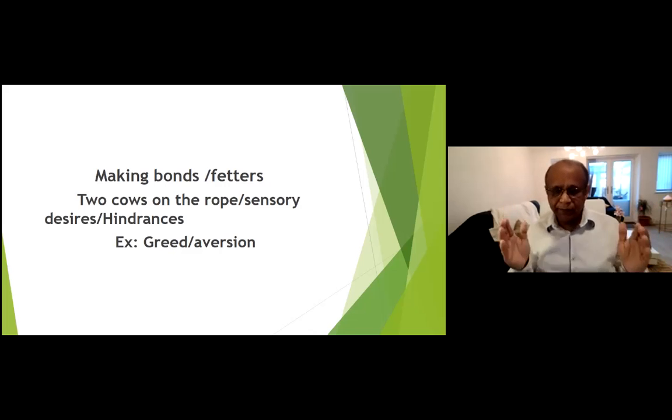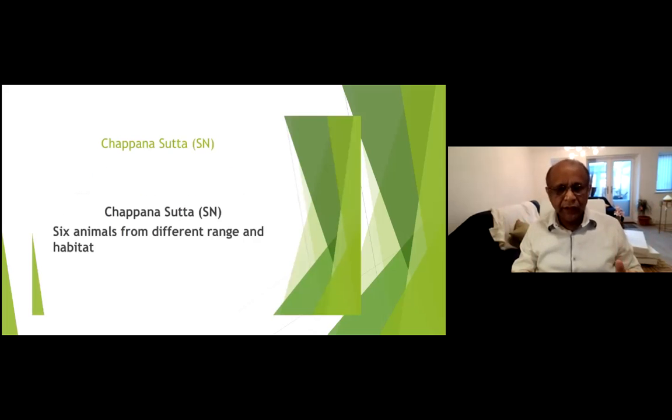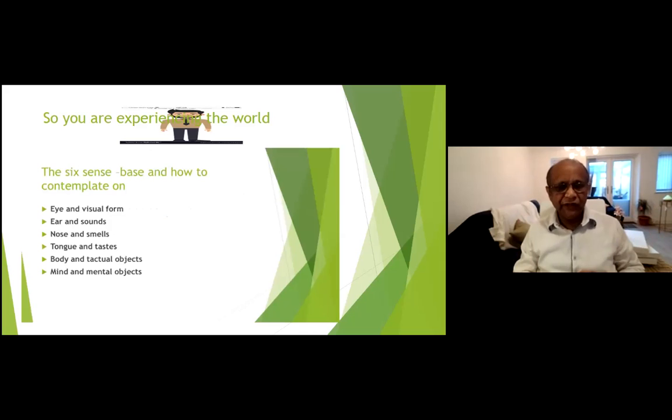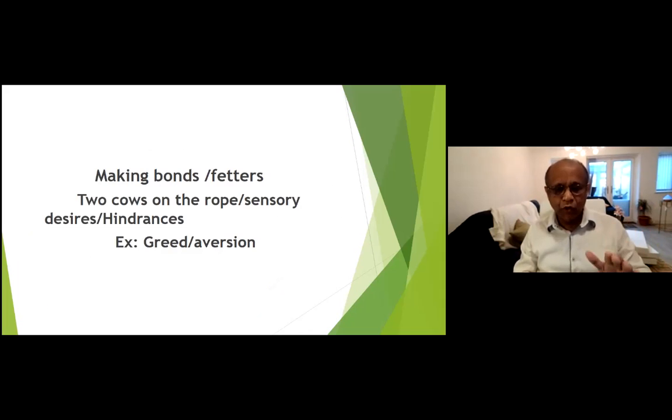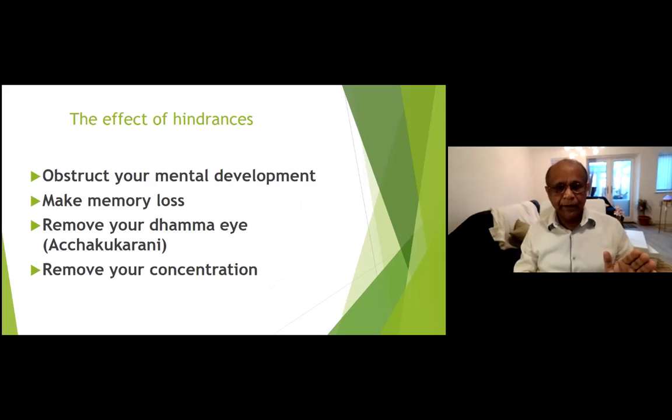So the problem is not the eye and visual form. The problem is not the ear and sound. The problem is not the nose and smells, but the bond in between.